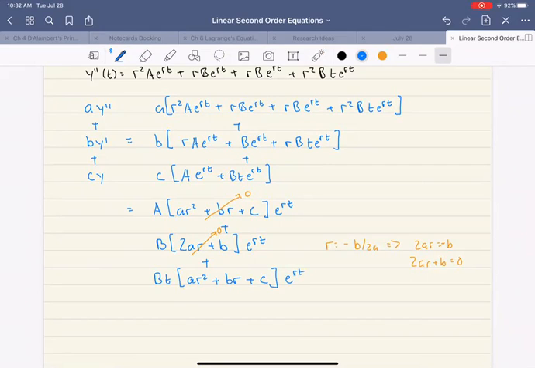And that equals 0 again. So all of this equals 0.